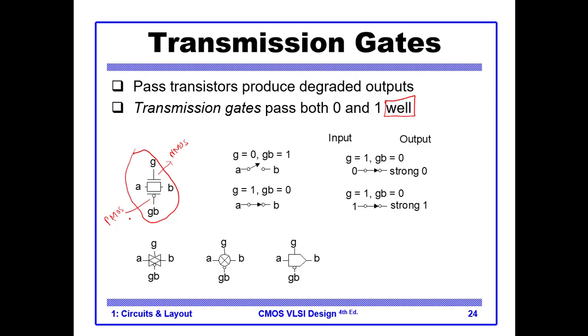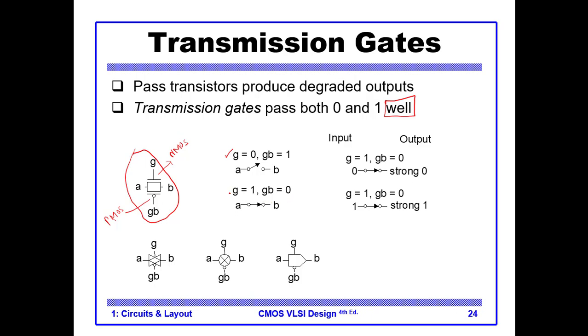There are two control signals, G and GB. When G is 0 and GB is 1, this NMOS is open, and the PMOS is also open. So there is no path between A and B. What happens when G is 1 and GB is 0?